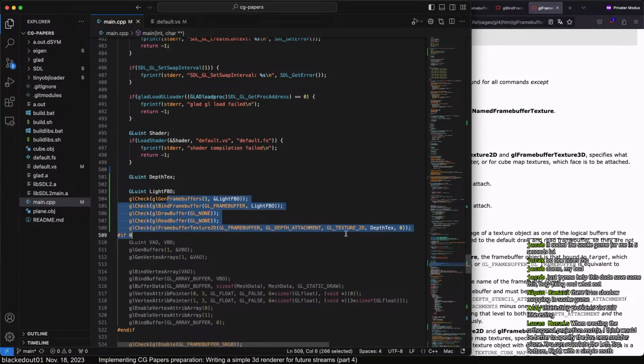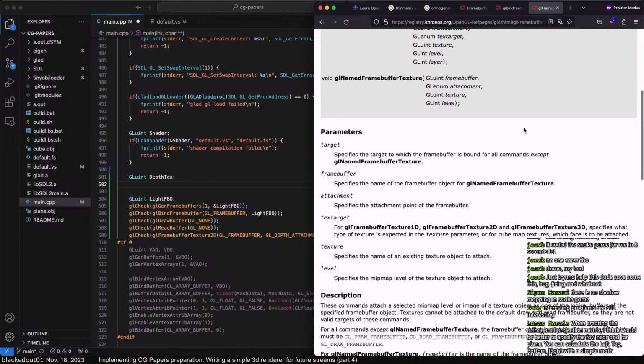Yeah, so that's basically how to create this frame buffer object. So we said we don't want to draw any colors, we only want to draw into the depth buffer. And now we need to create this texture.